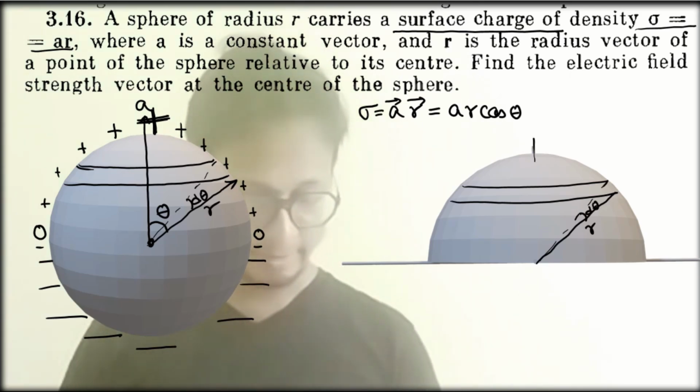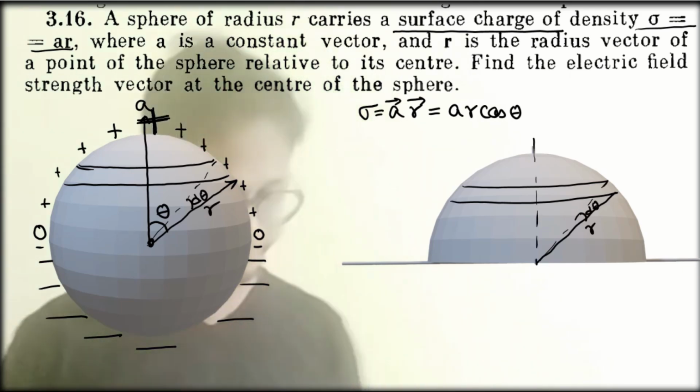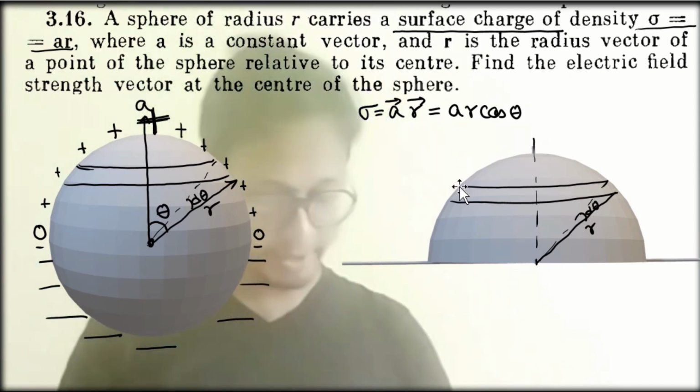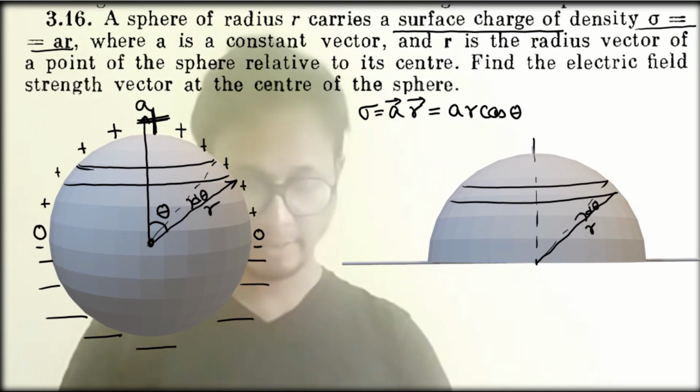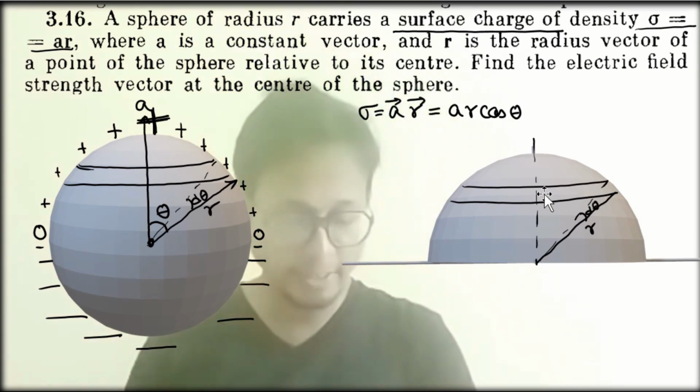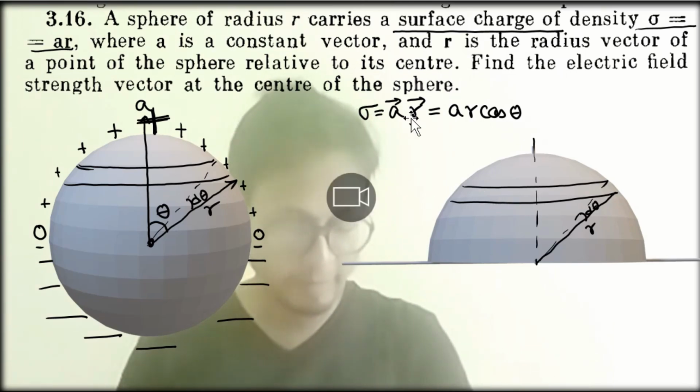Now sigma is equal to A r cos theta. What is the charge in this much portion of the ring? The charge in this much portion of the ring will be sigma into dA, where dA is nothing but the area of the ring.